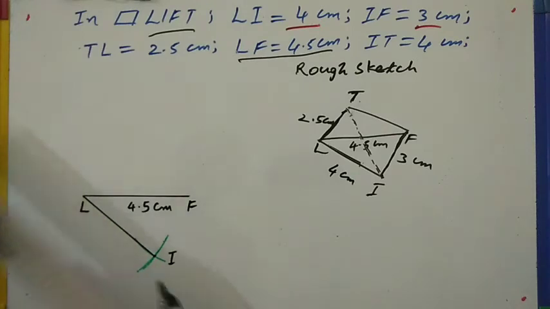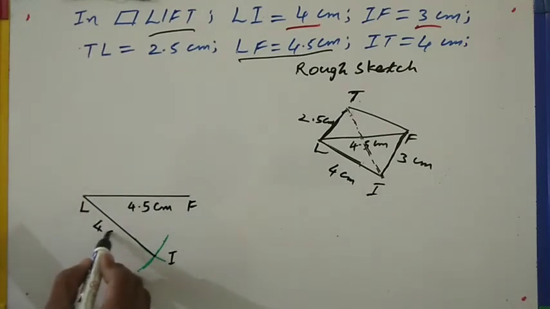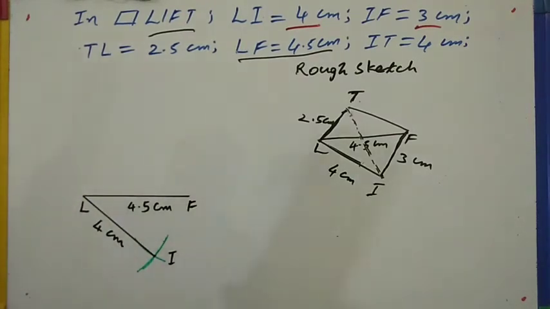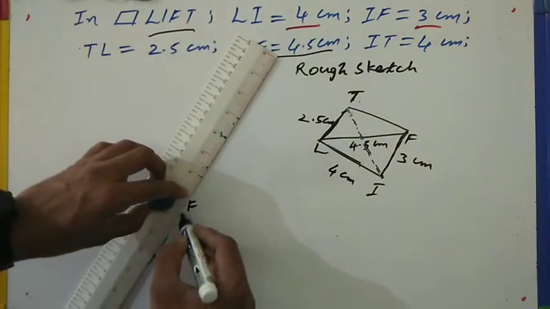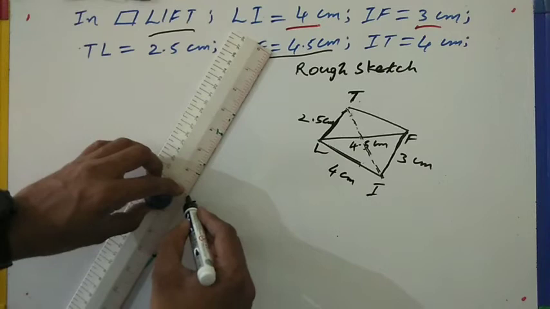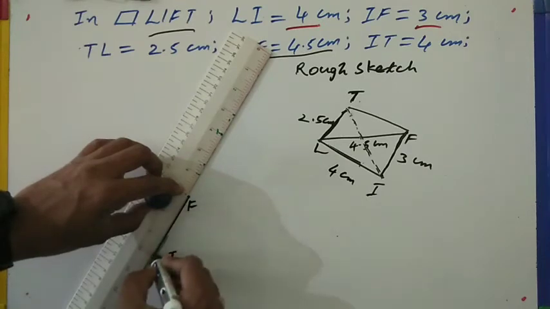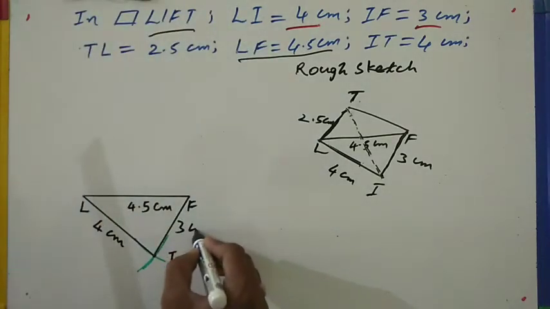LI is of measure 4 centimeter, IF is of the measure 3 centimeter.